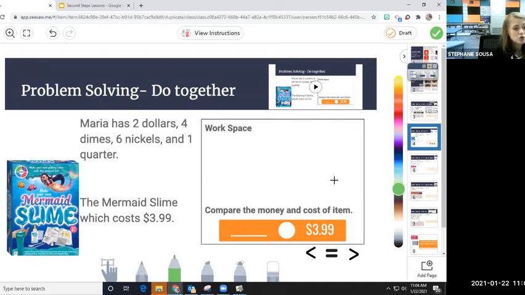This is $2. Go ahead and write your $2 bill. There's one, there's another. $2. Okay, oh, I should have put a 2 on that. That's my bad.